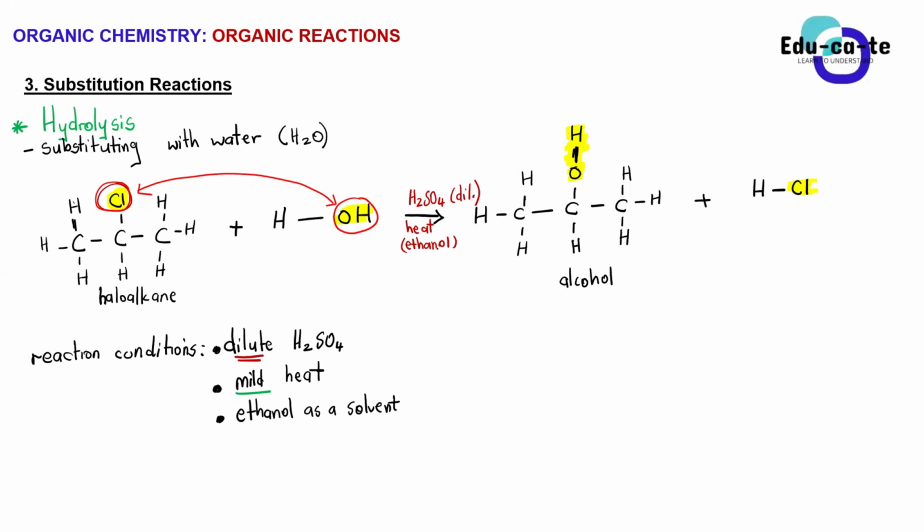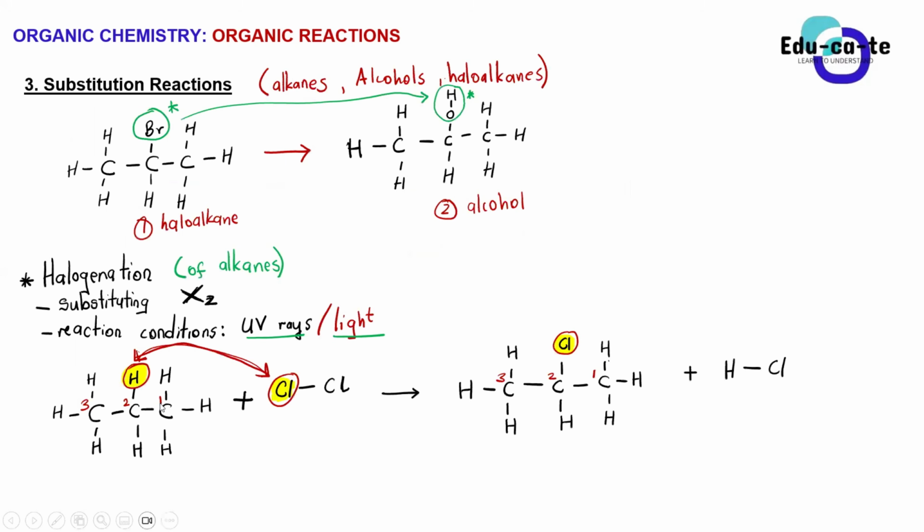Yes, there are other substitution reactions such as hydrohalogenation, but when it comes to these substitution reactions, the most important ones that you must know for grade 12 are these. First, the halogenation substitution reaction, the halogenation of alkanes, the one that we did at first.